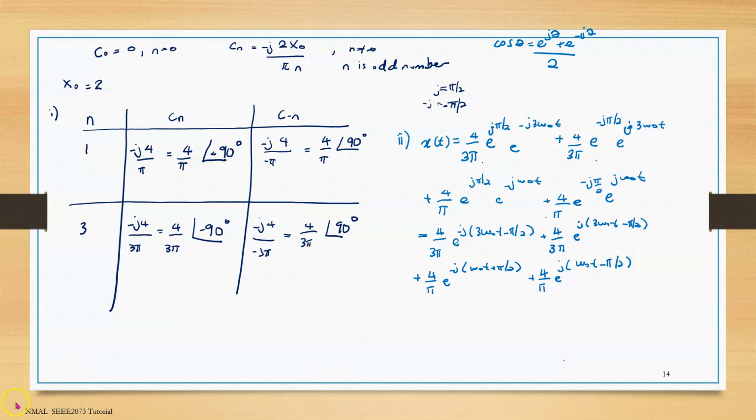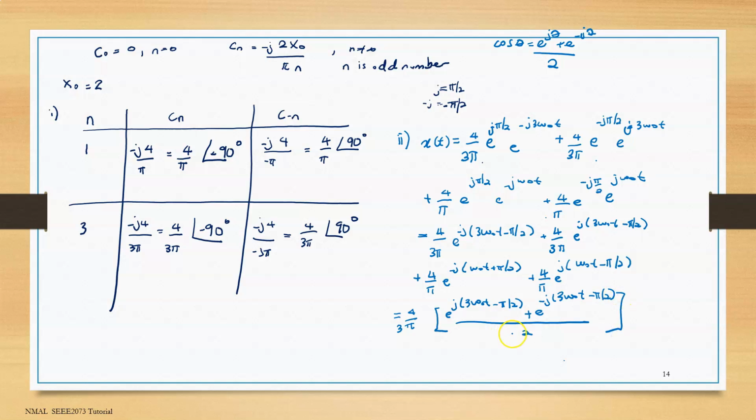So this one will become over 3 pi, you take out, and then you take the positive part, exponent j 3 omega naught t minus pi over 2, and then plus exponent negative j 3 omega naught t minus pi over 2. So we need to have divide by 2 here so that we can match with this cosine function, Euler's theorem.